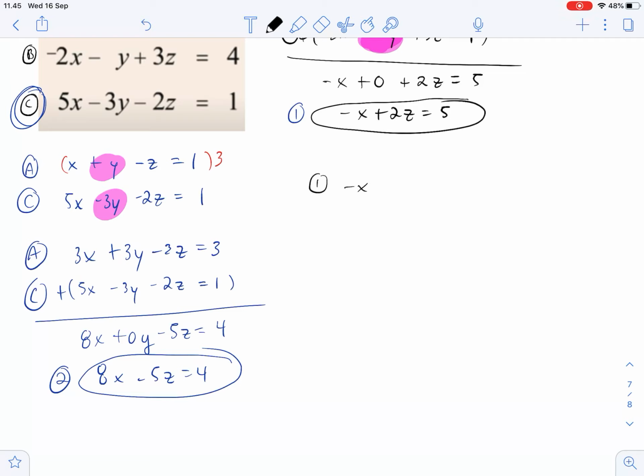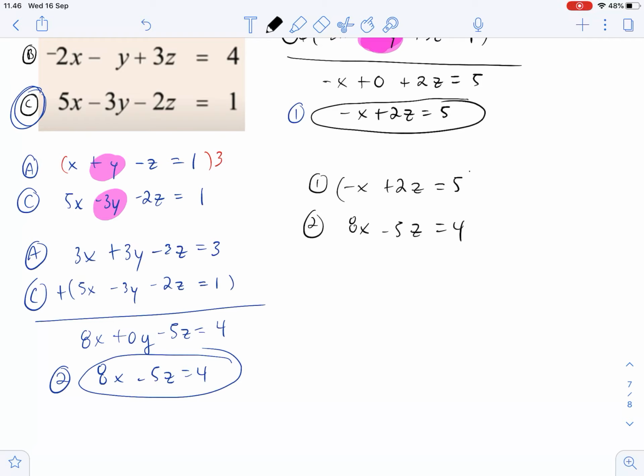So now I'm going to take equation 1, negative x plus 2z equals 5, and equation 2, which is 8x minus 5z equals 4. Again, I'm going to try to eliminate one of the variables. How do I want to do this?